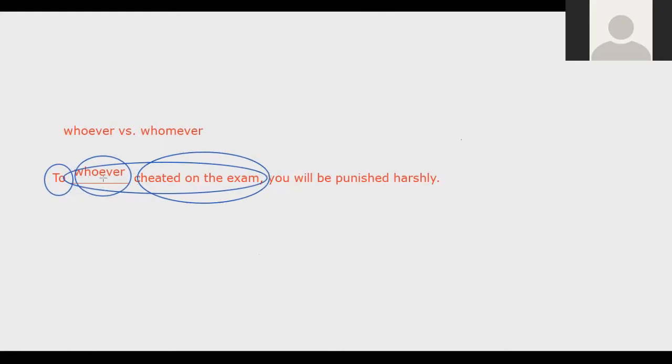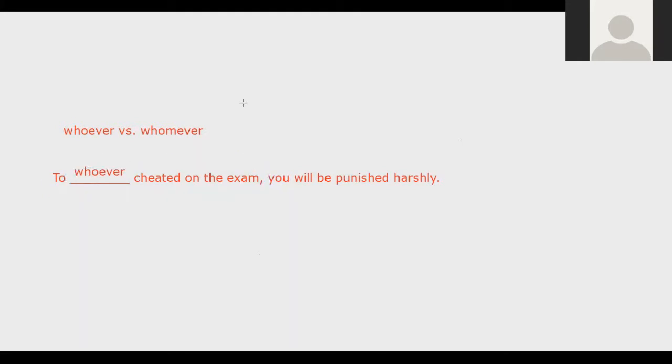So in situations like this, if you take out the preposition to, then the difference between whoever and whomever should be pretty clear. But if you have a sentence like this, to whomever it may concern, like let's just say we have a sentence that starts with that, then whomever would make sense.